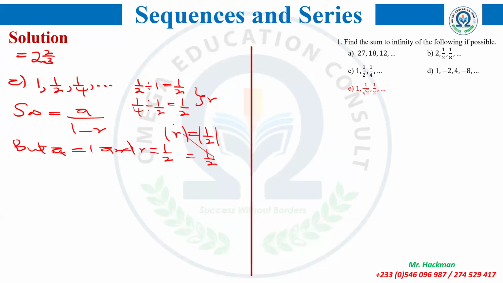So this happens to be your rough work, strike it out. Therefore, sum to infinity will be equal to A, which is 1 over 1 minus 1 over 2. So we get 1 divided by 1 minus half, which is half. That gives us 1 times 2, which gives us 2. So the sum to infinity is 2. All correct.